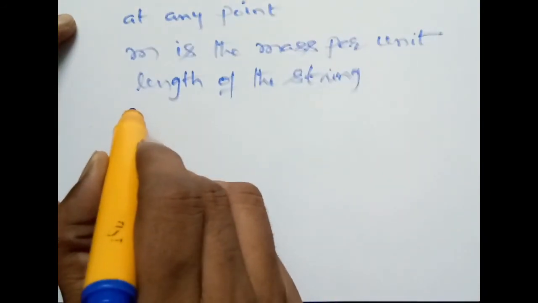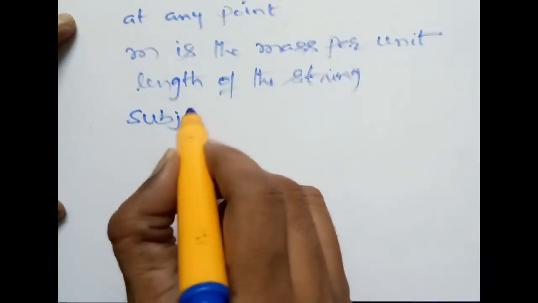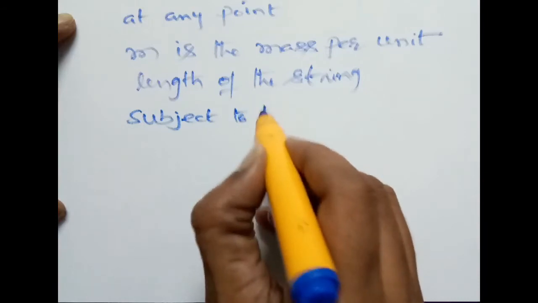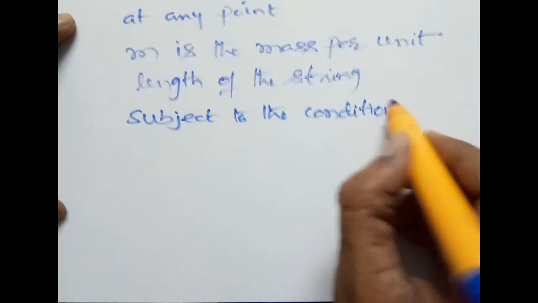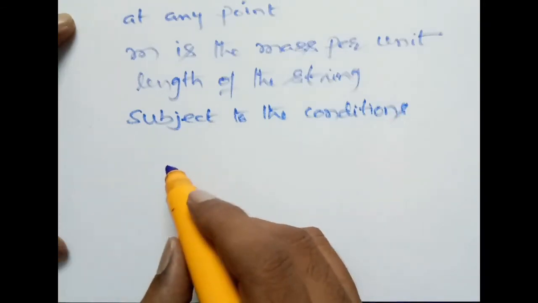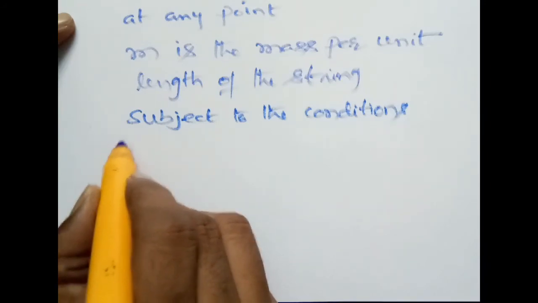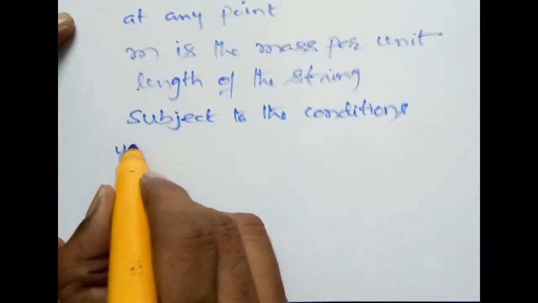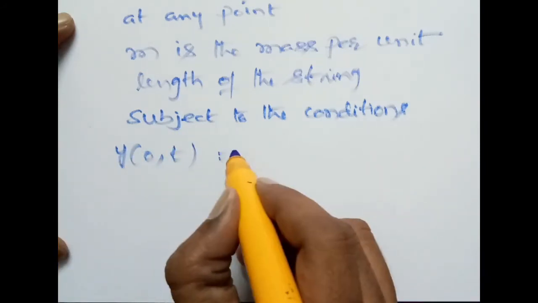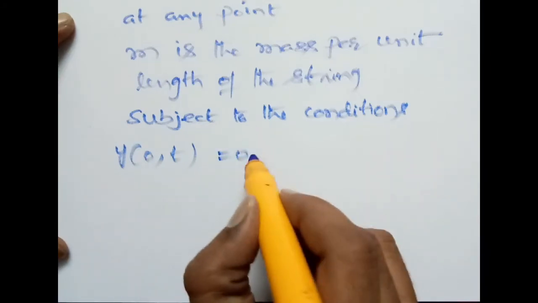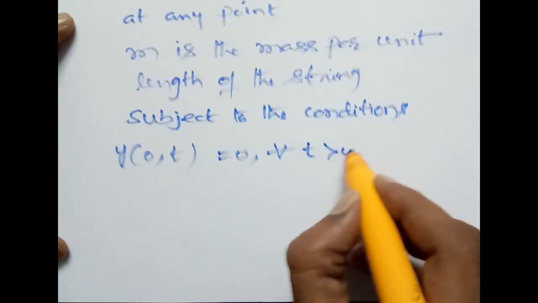Subject to the conditions: y of 0 comma t equal to 0 for all t greater than 0.